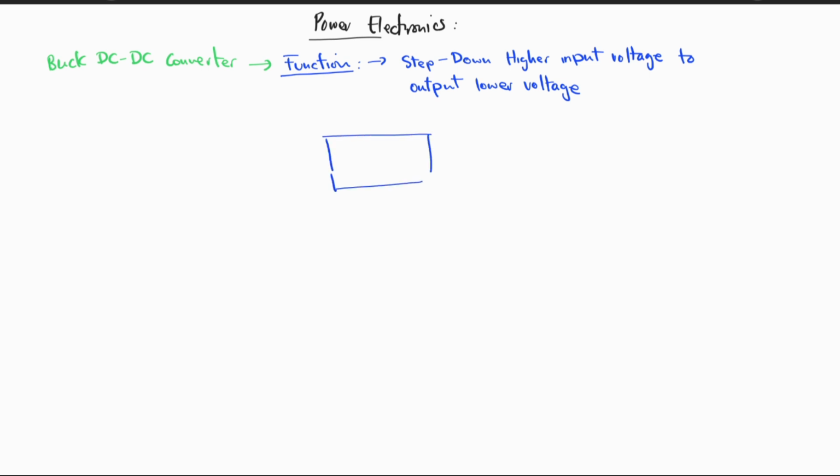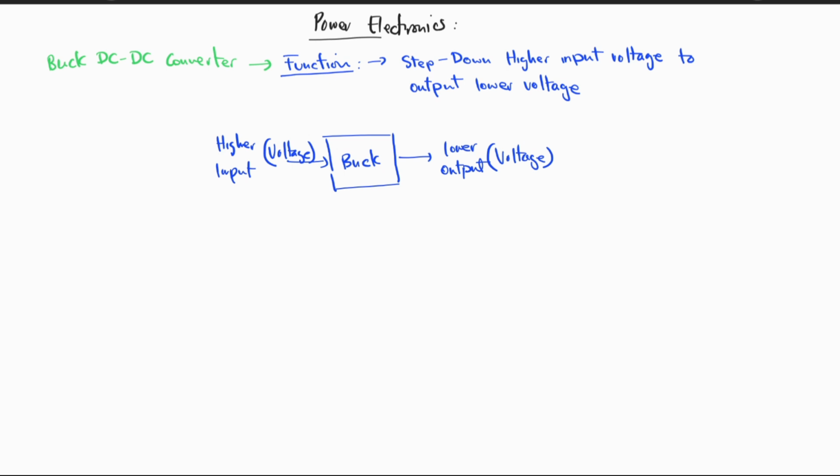If we have a block diagram, we can have the buck controller, with the lower output voltage and the higher input voltage.